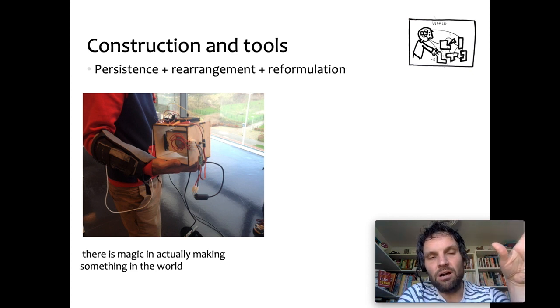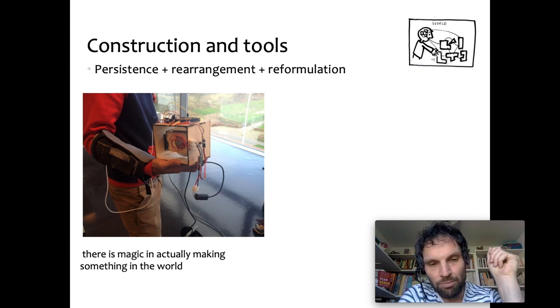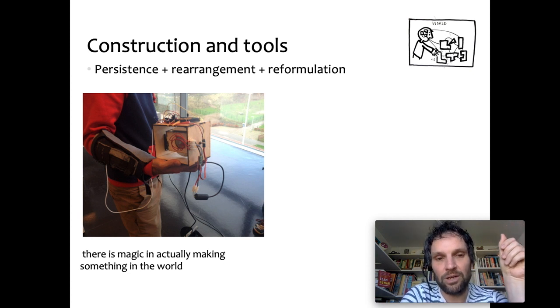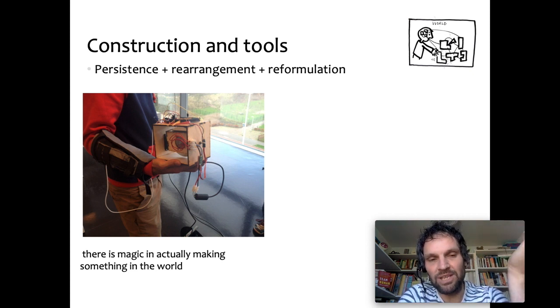Then prototypes are persistent, so they really put you with your nose on the facts. You had some vague idea of doing something. Well, that doesn't work because you cannot build it. So if you can build it, it's possible, right? So actually having to build something already makes things explicit.